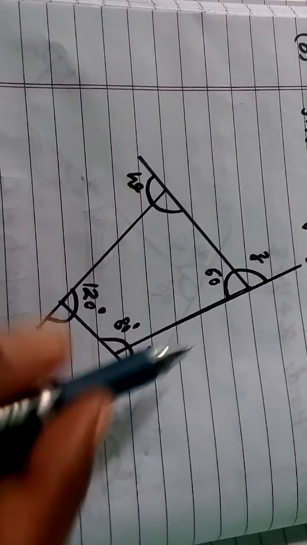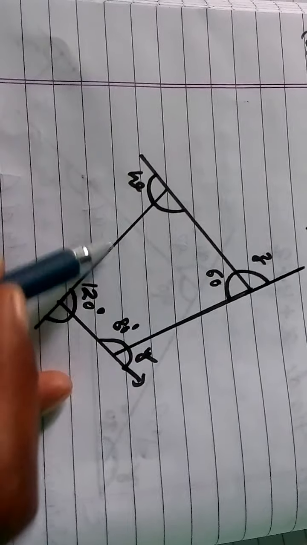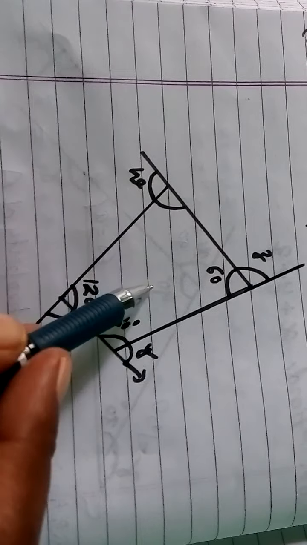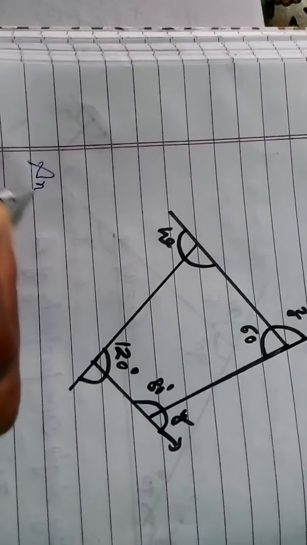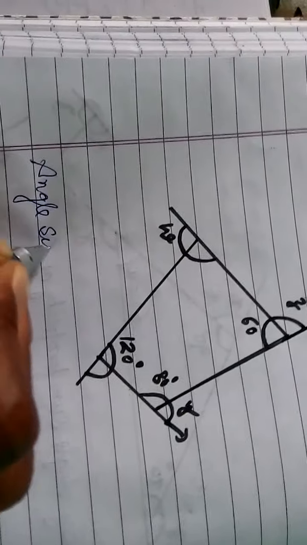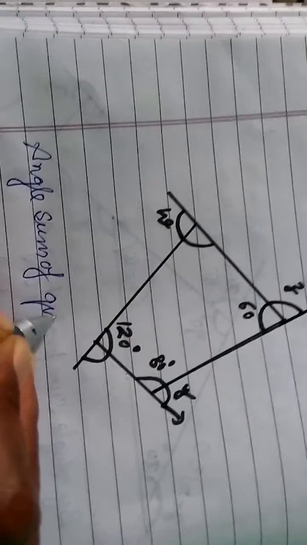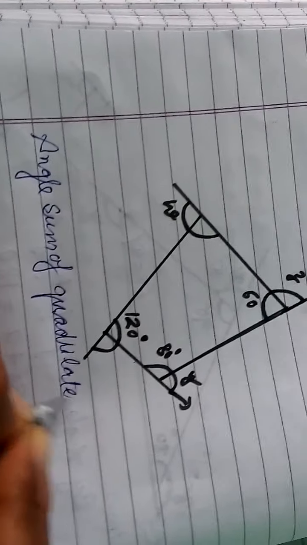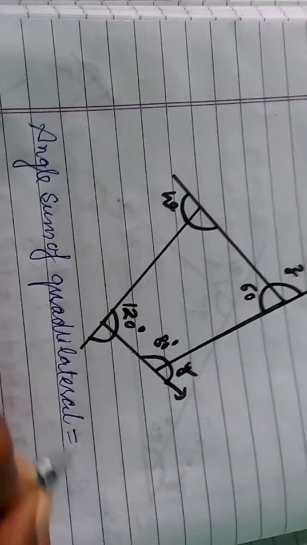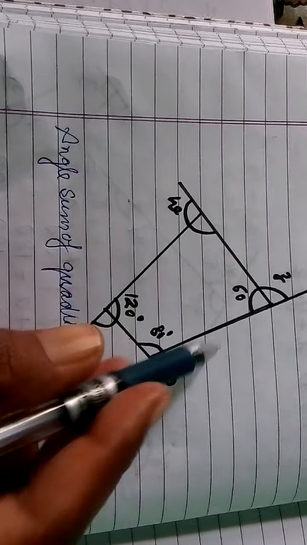Again, you can see that all these are linear pairs, and firstly, there are four sides, 1, 2, 3, 4, so the angle sum of this figure will be 360 degrees. Very simple. So the angle sum of this quadrilateral will be 360. You already know how we got the 360 in previous questions if there are four sides.